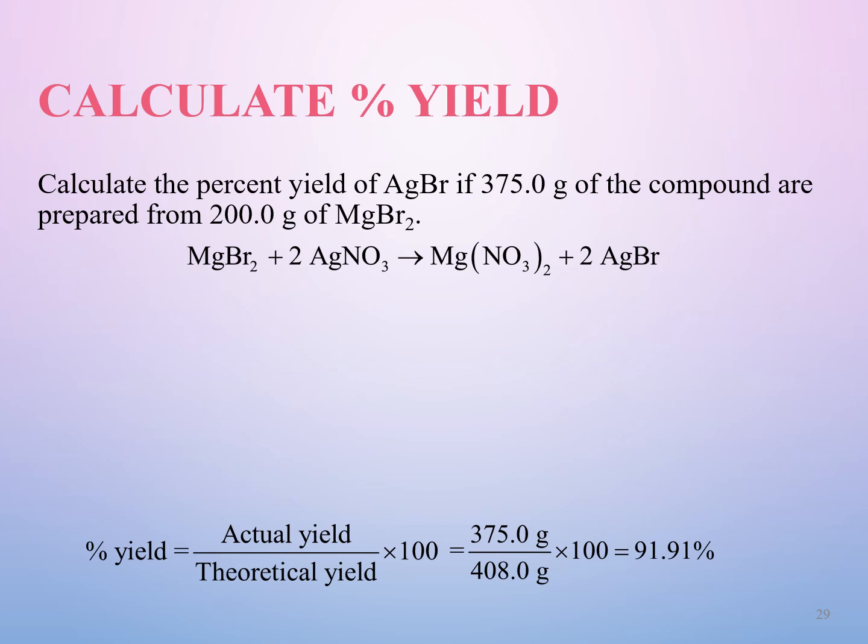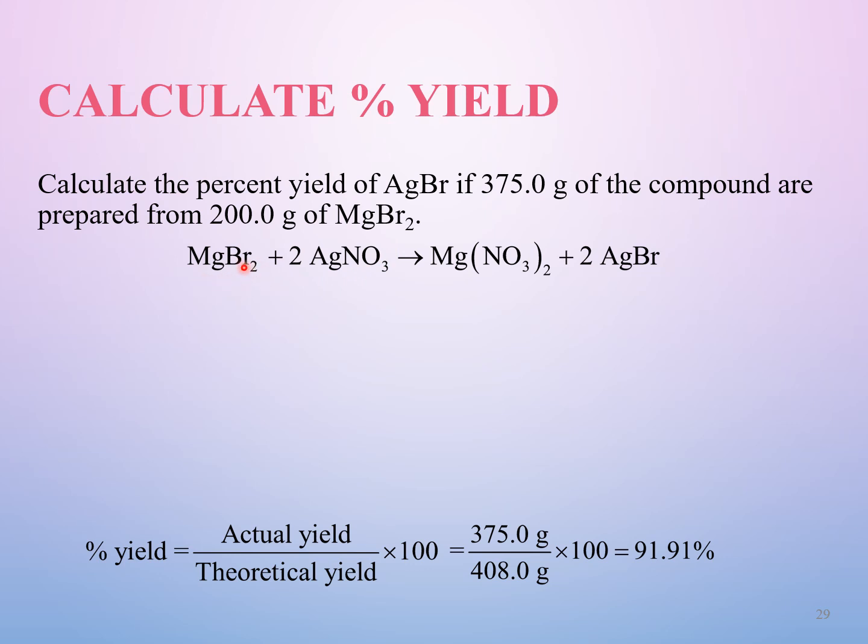So let's go ahead and have a question where we can calculate percent yield. In this case here, calculate the percent yield of AgBr. You start with 375 grams of the compound, prepared from 200 grams of MgBr2.